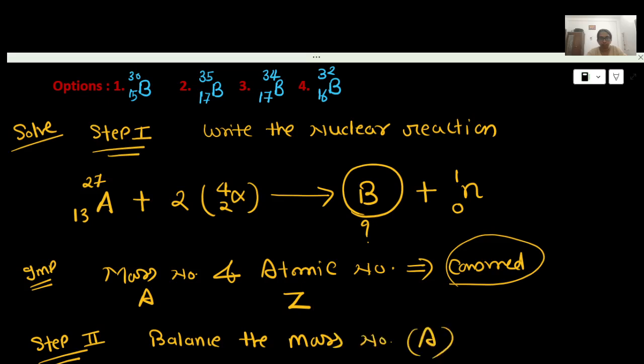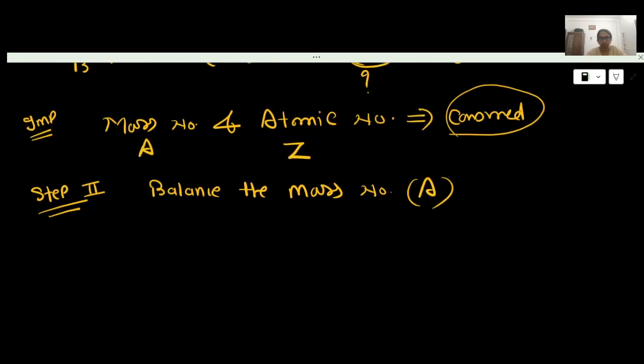We will balance A here as per our question. How to balance the mass number? On the left side, our target has mass number 27 and atomic number 13.